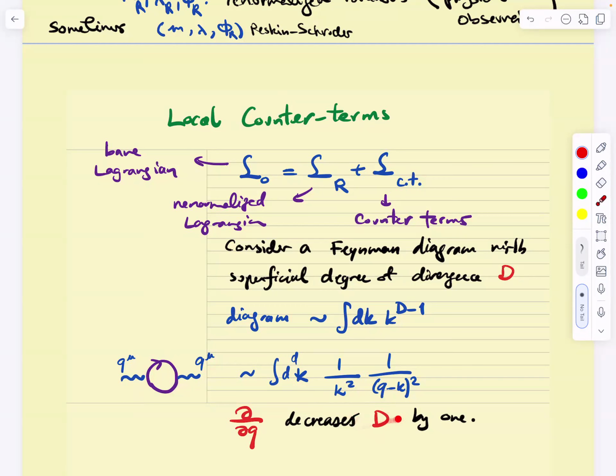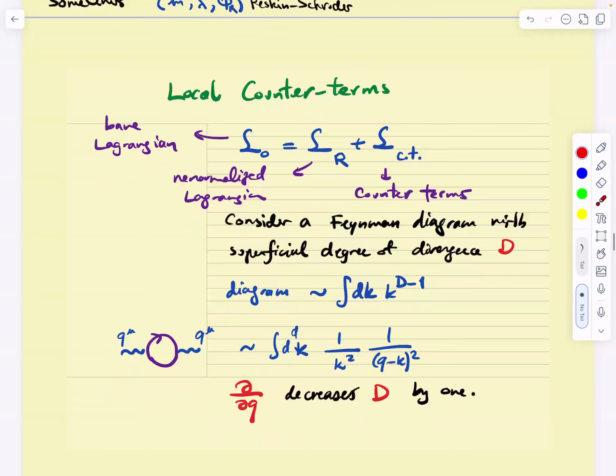Now, if you take derivative del q from this expression, it's clear that the superficial degree of divergence will go down by 1. Of course, the internal variables are integrated over, so it's a function of q, right?